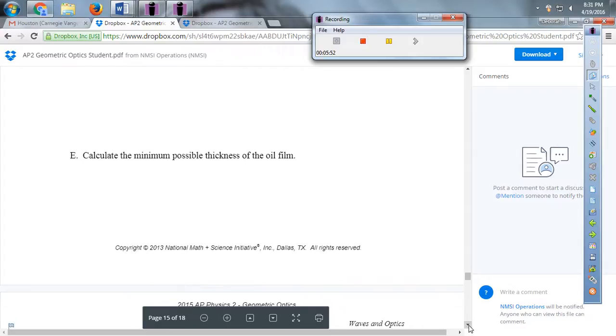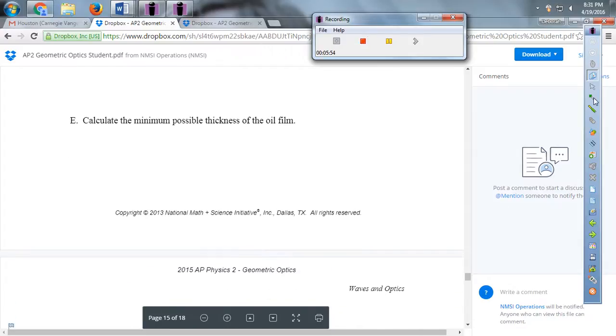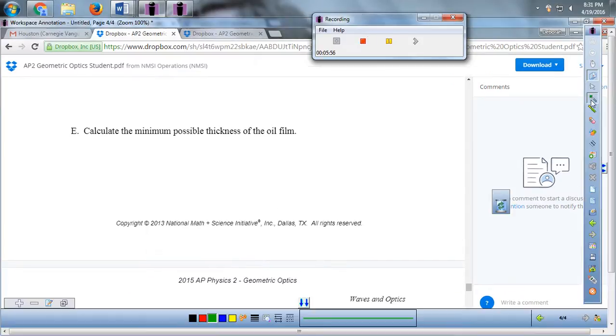Calculate the minimum possible thickness of the oil film. All right, so I said that it had to go down and come back up, so that was 2T, twice the thickness.